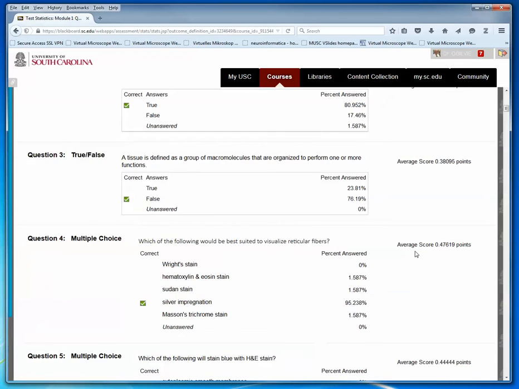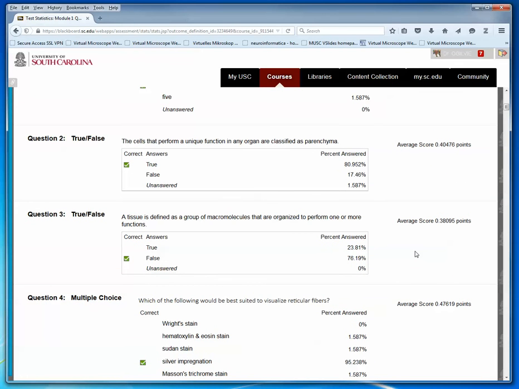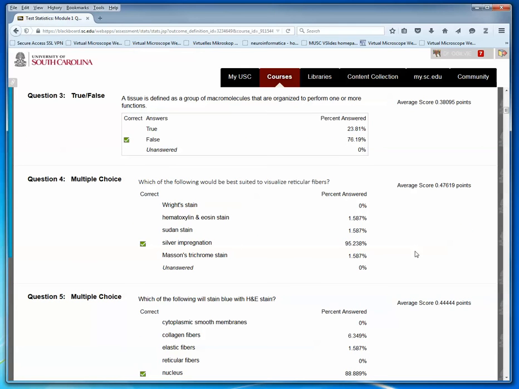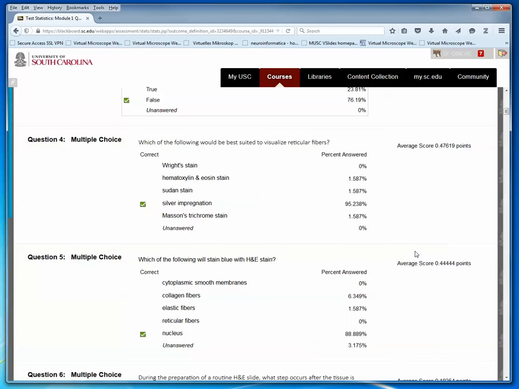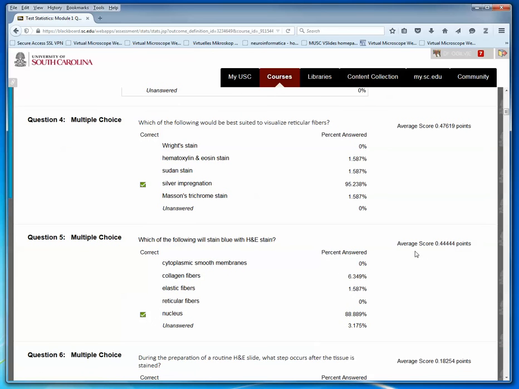Most of these questions about parenchyma versus stroma, what defines a tissue, the class did reasonably well on that. Certainly tissues are not macromolecules. They're groups of cells that are similar. This is just to remind you that when you're reviewing, review what stains stain what. Like silver stains reticular fibers.